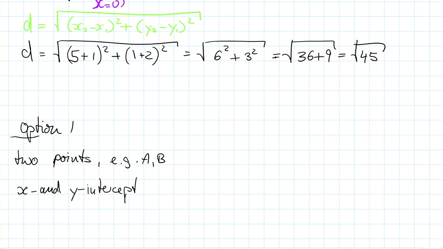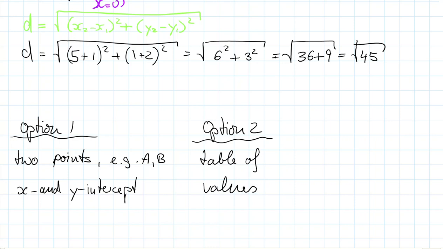Option 2 for drawing a straight line would be that you just take a table of values, or you write yourself a table of values. However, when you do that, please know that 2 points are sufficient, and then you actually end up, when you choose option 2, with option 1, because you only need 2 points.